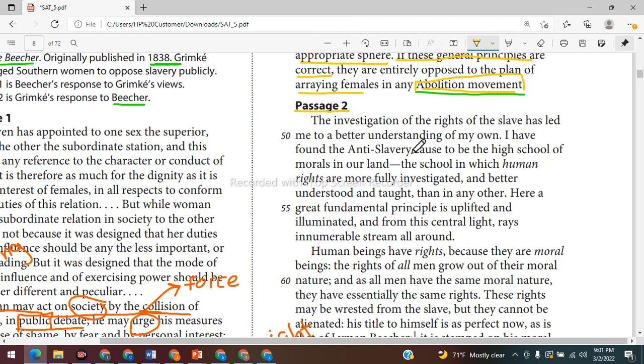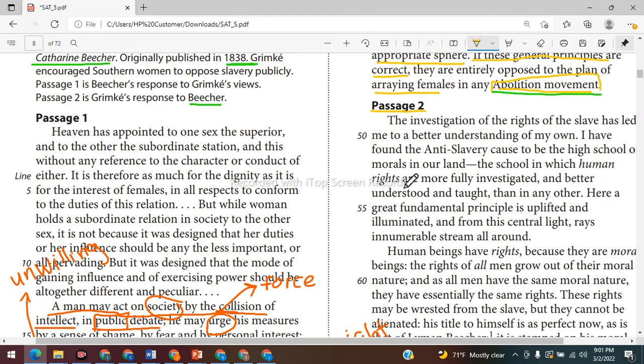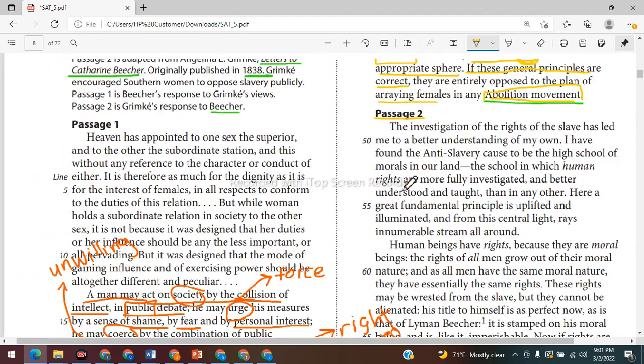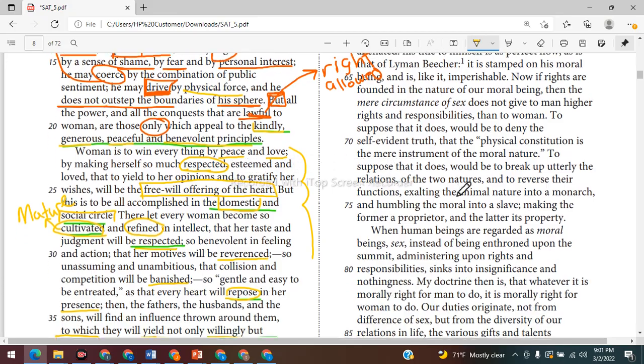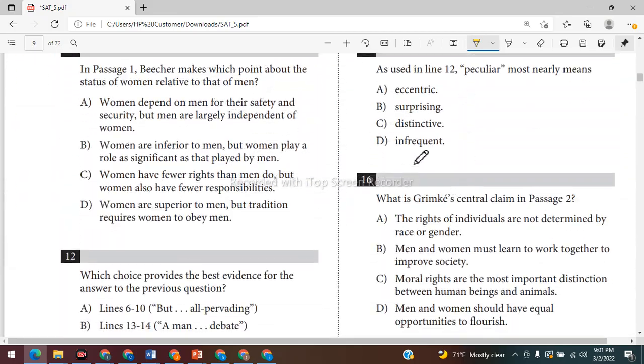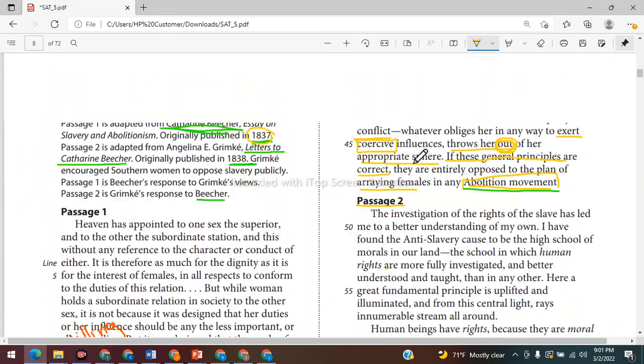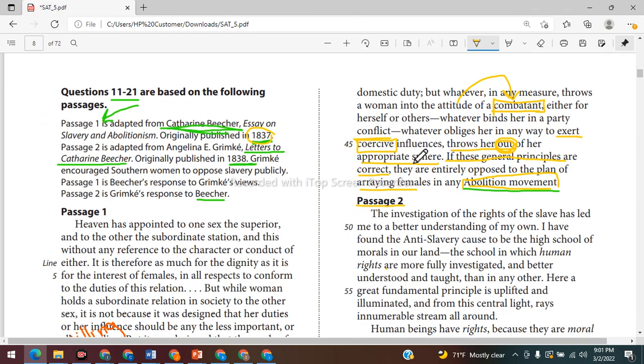Okay, so we'll end here, and next Monday we're going to finish off passage 2, see what she says concerning it, and then answer questions 11 through 21.